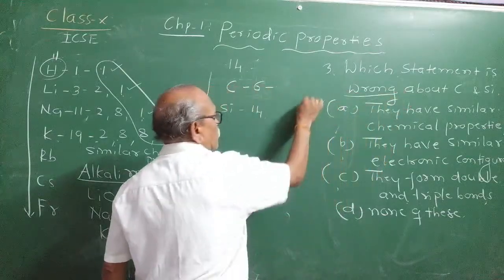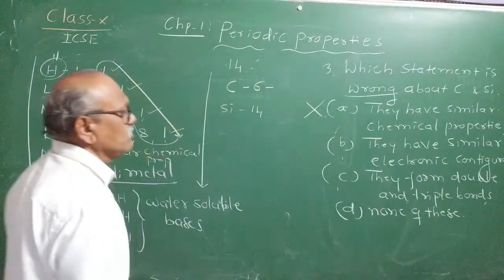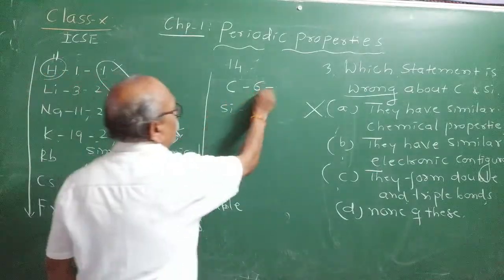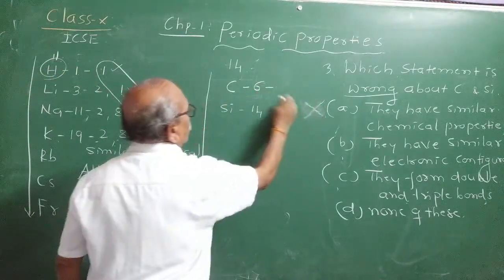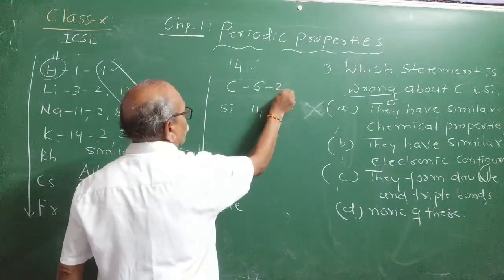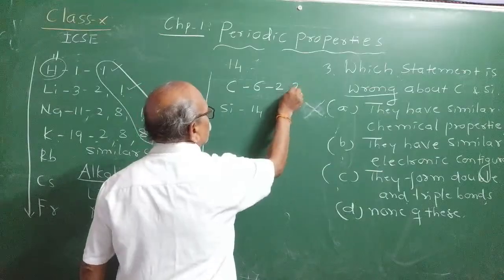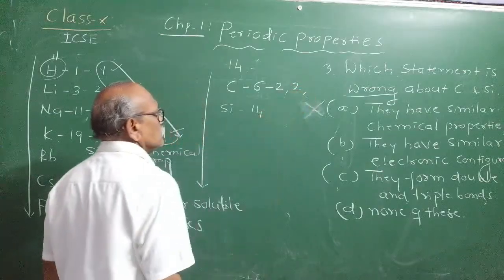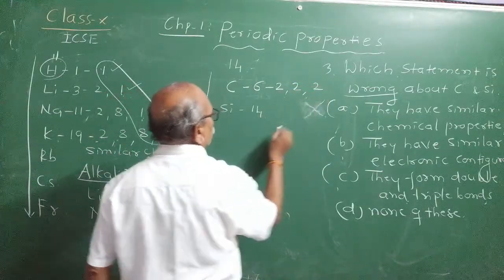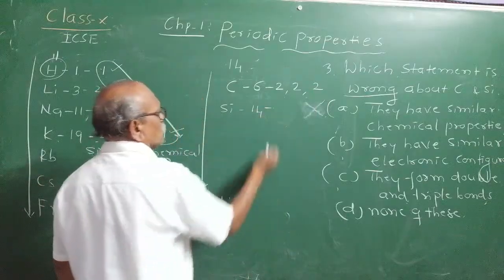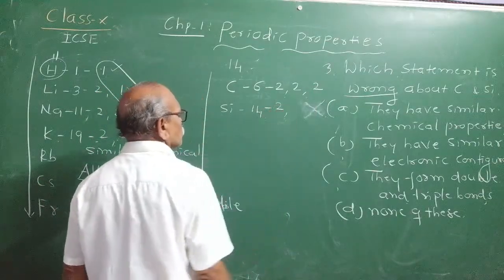Therefore, the answer is wrong. Next, they have similar electronic configuration. Take carbon 6. What is the electronic configuration of carbon? 2, 4. You can take silicon also.